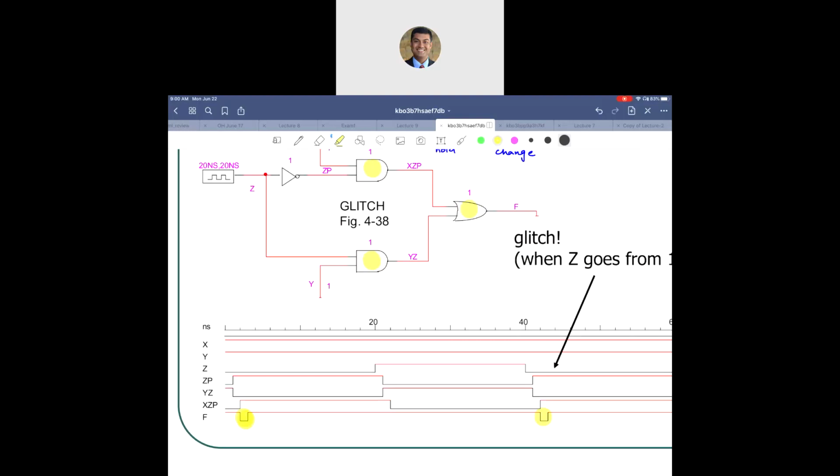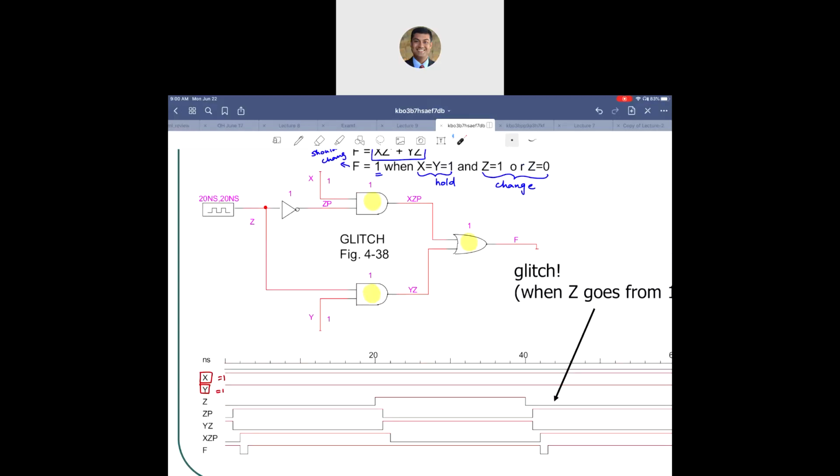I'm going to erase my highlights here and then show you how we are holding X and Y. In the timing diagram, X is here, Y is here. We have made X 1, we have made Y 1. As you can see, all throughout X is 1 here, all throughout Y is 1 here. But Z, we are changing. Z is 0 here, then changes to 1, changes back to 0. Right? So Z is changing.